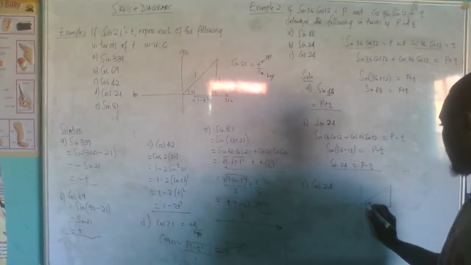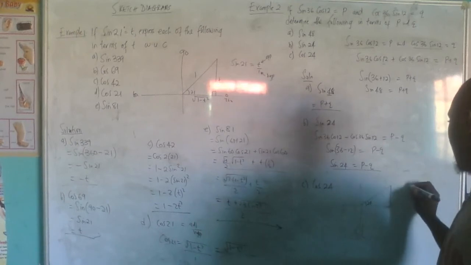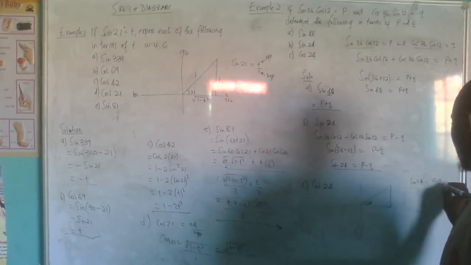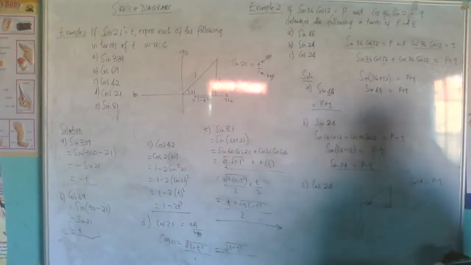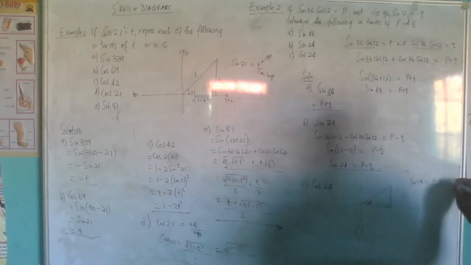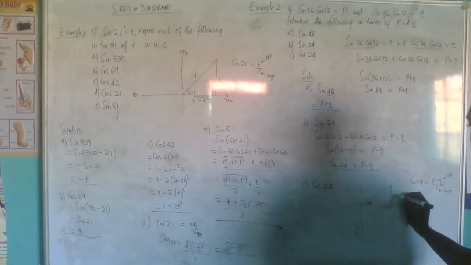Remember, sine 24 equals p minus q, which is p minus q over 1. So that becomes my opposite, and that is my hypotenuse. The opposite will be p minus q, the hypotenuse will be 1.